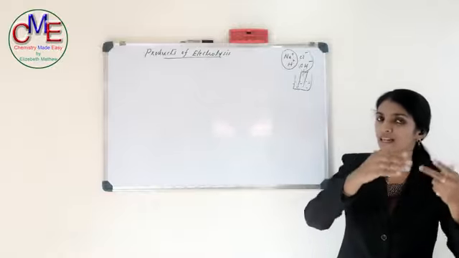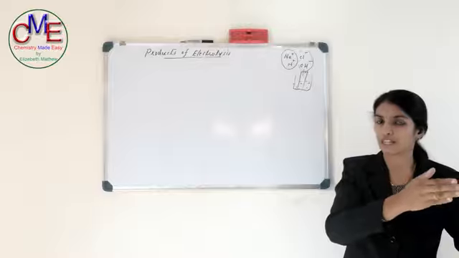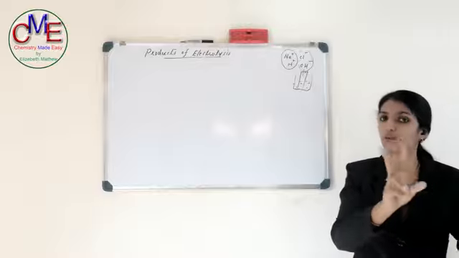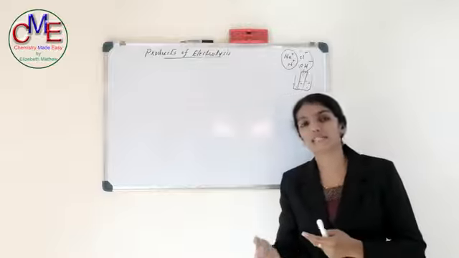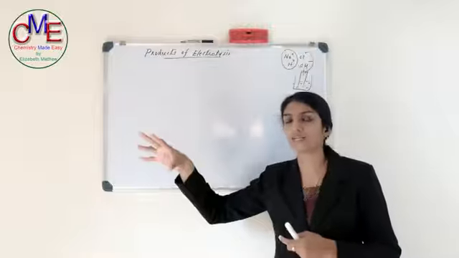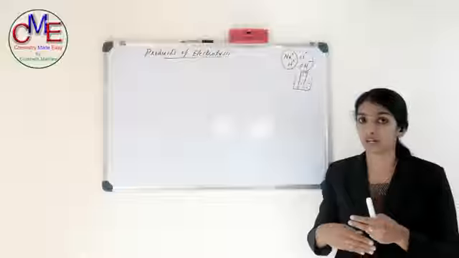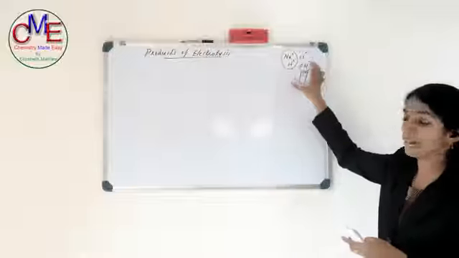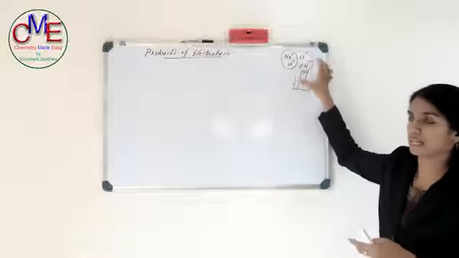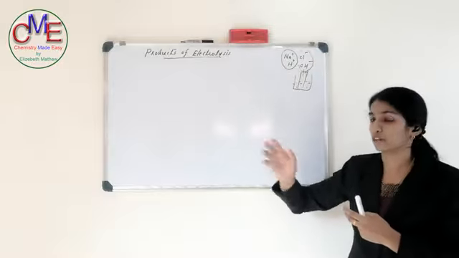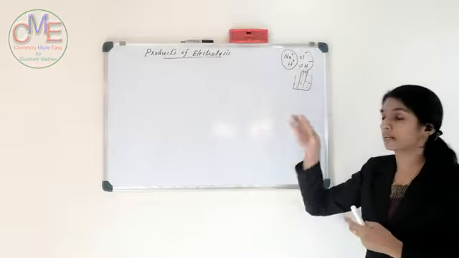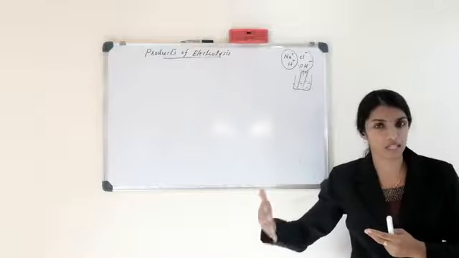So one factor is the nature of the electrode. The electrode may be of two types, inert electrode and reactive electrode. That will decide the product of electrolysis. And the second factor is the reduction potential. This is applicable only in these cases. For example, if you use molten sodium chloride, it contains only Na plus ion and Cl minus ion.